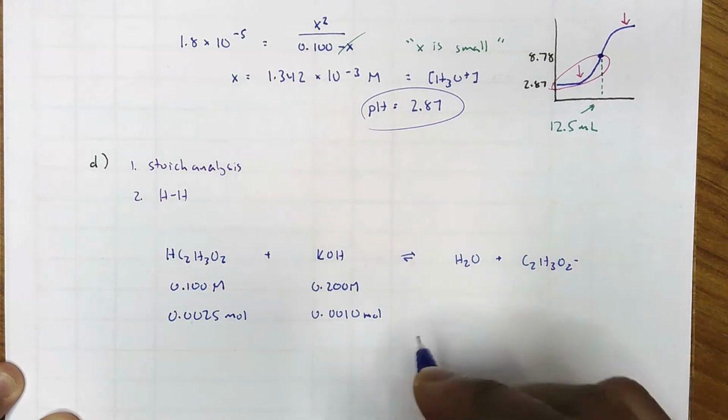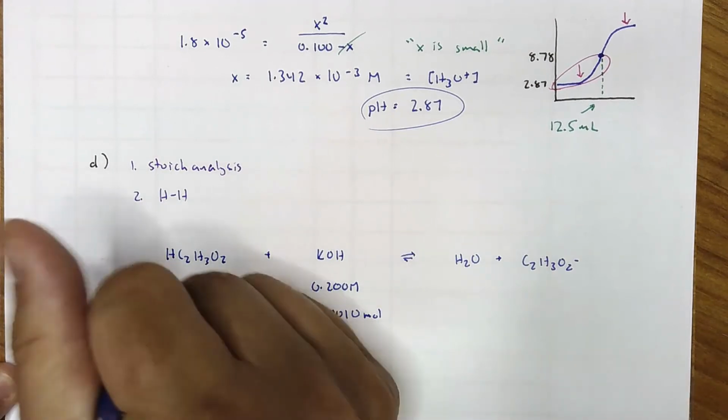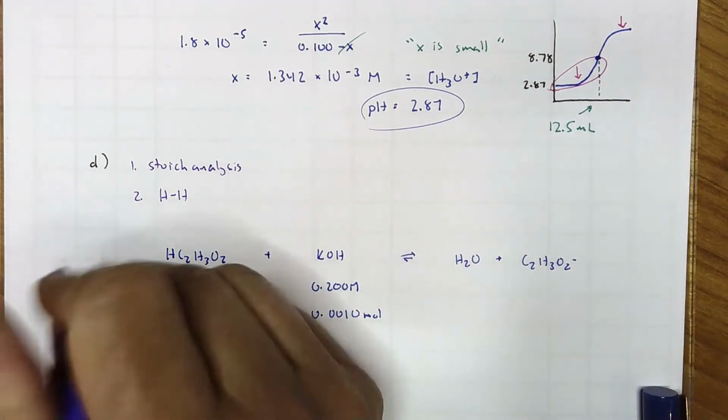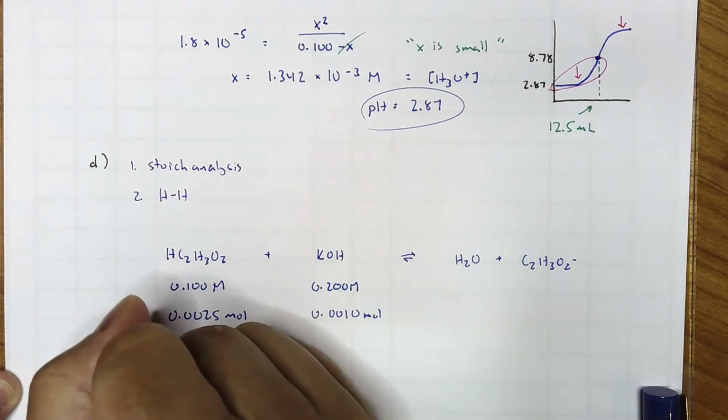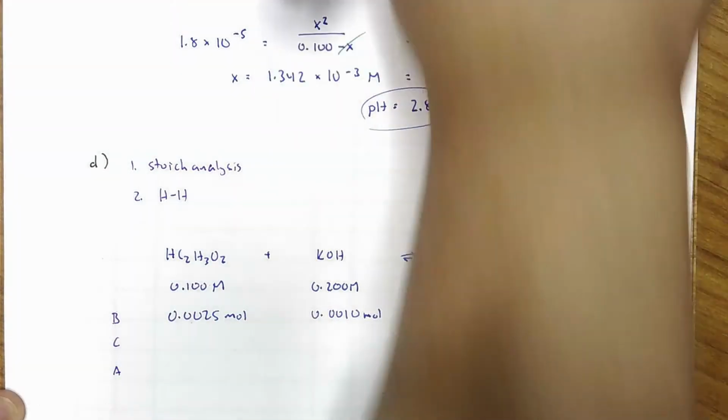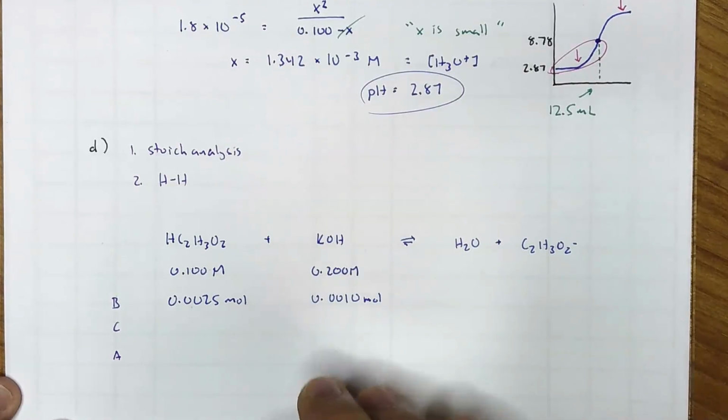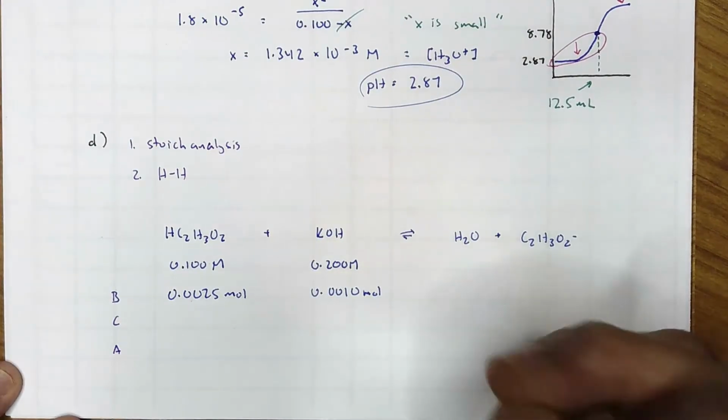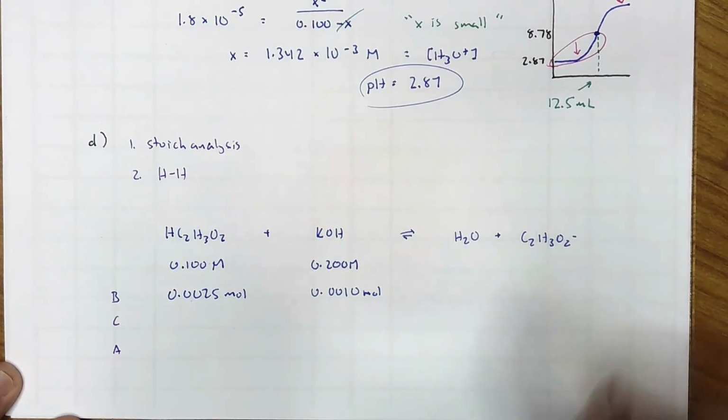So what's happening here? I like to call this a before, change, after table. I don't like calling it an ICE table because we're not going to use Ka in this case. We're just doing a simple stoichiometric analysis.